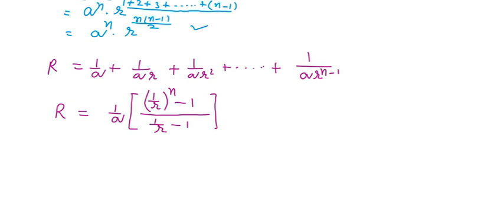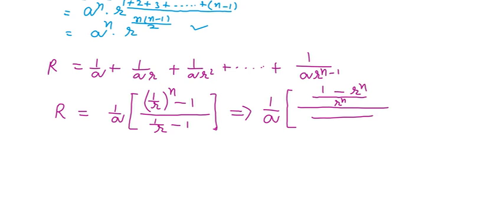When we solve this relation, we will have 1 by a, see properly here, r raised to the power n. Here we will have 1 minus r raised to the power n.